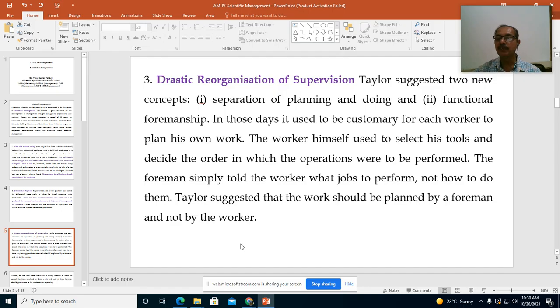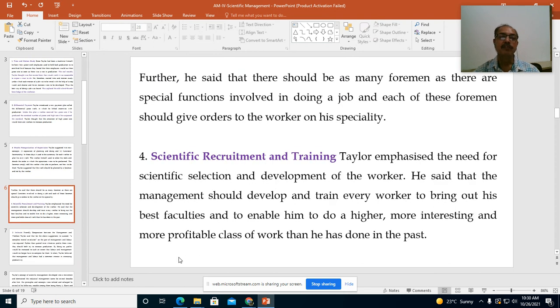Taylor suggested that the work should be planned by a foreman and not by the worker. Further, he said that there should be as many foremen as there are special functions involved in doing a job, and each of these foremen should give orders to the workers in his specialty. That means the number of foremen, that is, supervisors, was increased, because for each functional area there were different foremen. That is what he suggested.